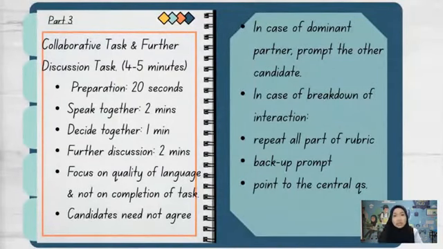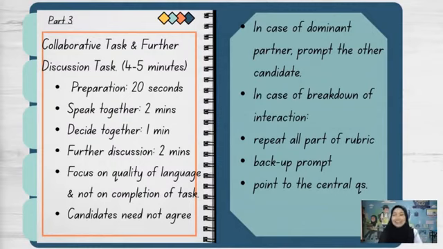The task is for them to produce language. You, as the interlocutor or assessor, award marks according to the quality of language produced by the candidate. Candidates need not agree with one another. It doesn't have to be that you must agree with your friend. Not necessarily. They can take their own stand.